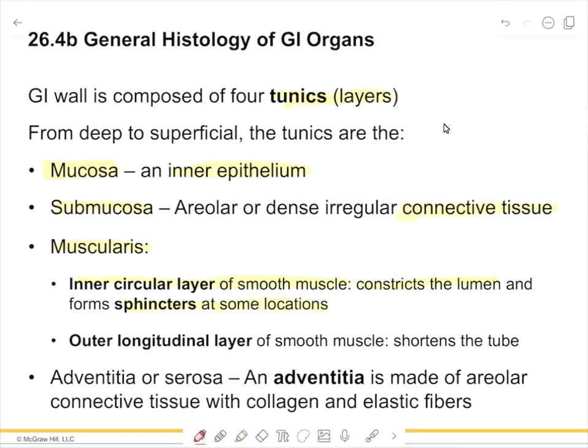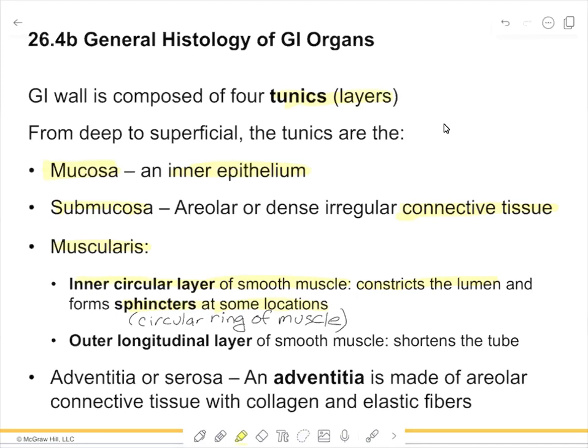A sphincter is basically a circular ring of muscle. And these specific sphincters are going to be located between different regions of the GI tract. For example, there'll be one between the esophagus and the stomach, one between the stomach and the small intestine.